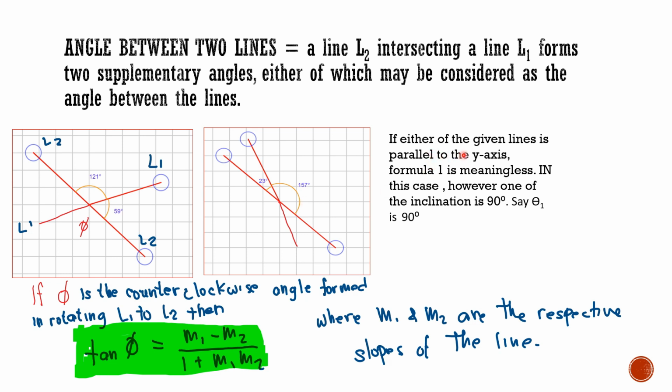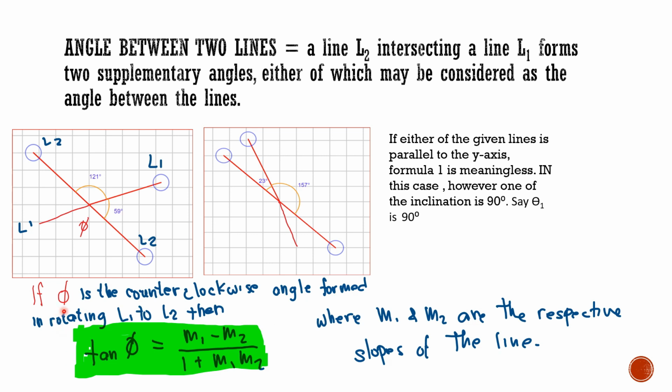If either of the given lines is parallel to the y-axis, Formula 1 is meaningless. In this case, however, one of the inclinations is 90 degrees. Say, theta sub 1 is 90 degrees.